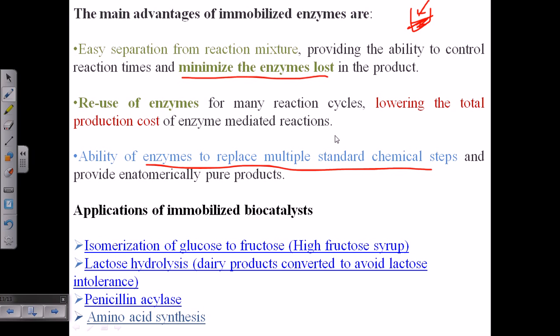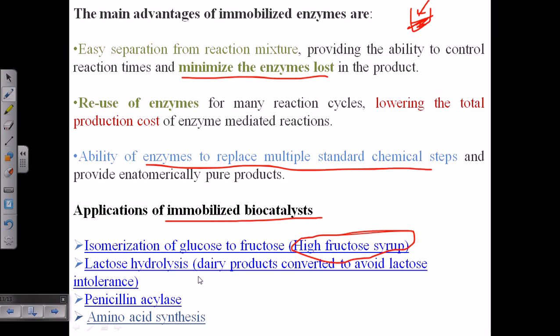Now the applications of immobilized biocatalysts. These were the advantages of immobilized enzymes. Now let us talk about their applications. The applications are in different fields, like the isomerization of glucose to fructose in high fructose syrup. We can use them to produce it.